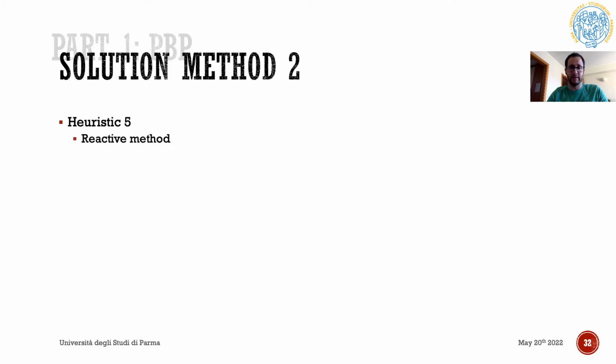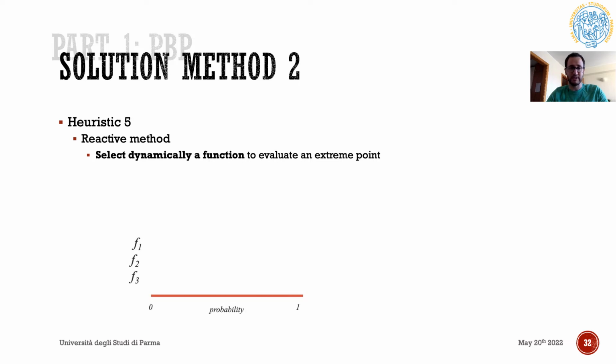Regarding the reactive method, it's a probabilistic and dynamic method to select a function that will evaluate an extreme point. For example, given three fitness evaluation functions, in the beginning the probability of selecting a function is equal for each of them. However, during the iterations, these probabilities will change.